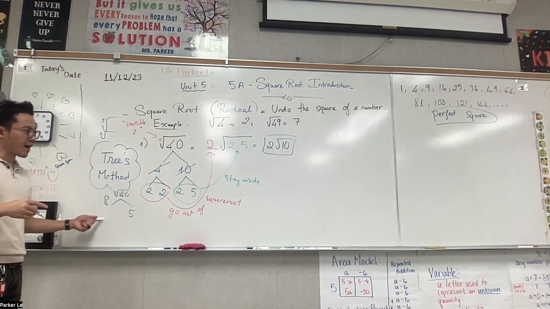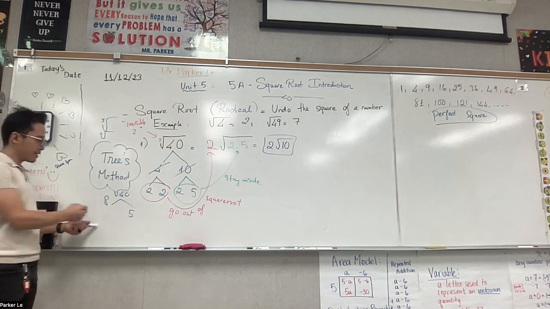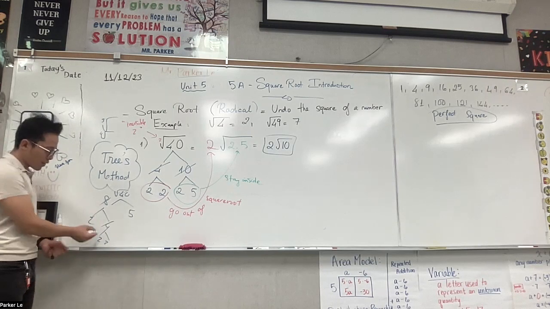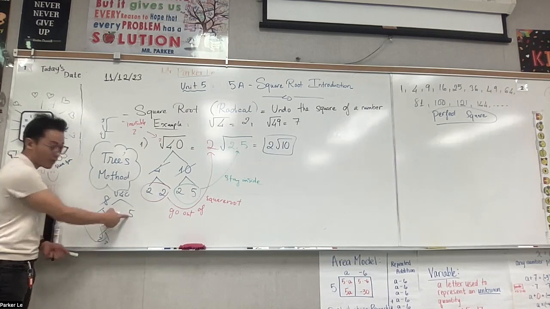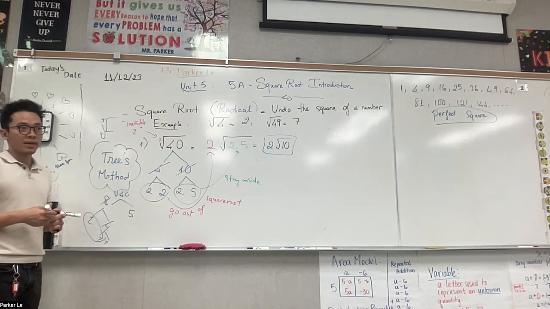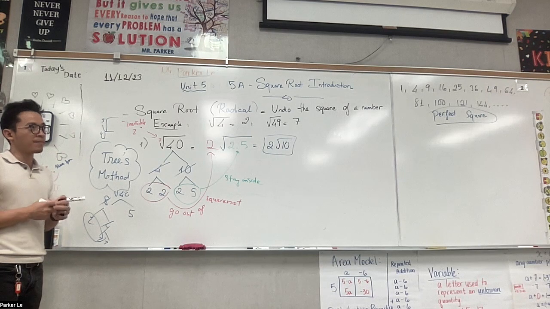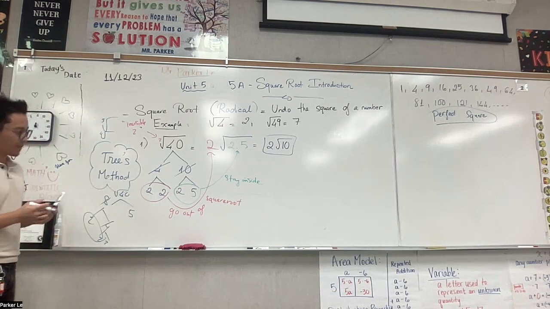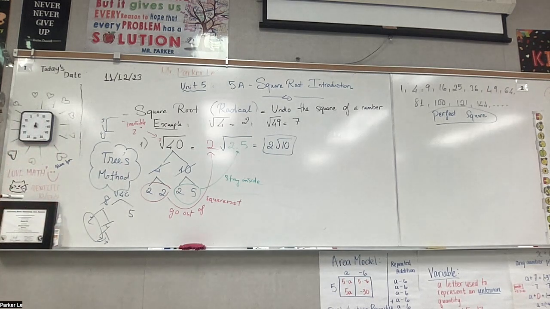If you break down to 8 and 5, what happens next? 2 and 4, then 2 and 2. They're going to give you the same answer. You have a pair of 2s, and then you have left 2 and 5. So no matter how you break it down, you still get the same answer. Sometimes one combination is better than the other. I will show you. That's a very good question.